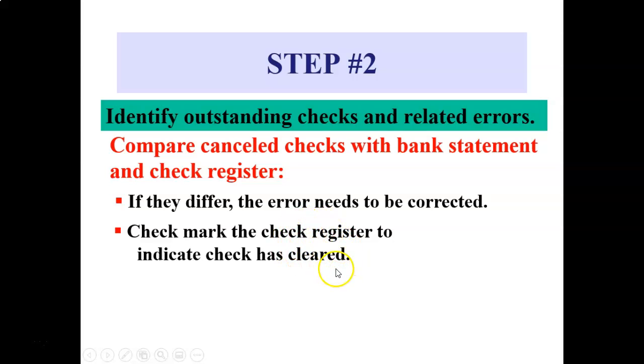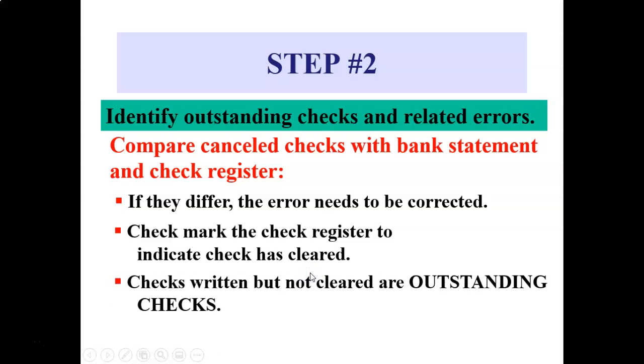This piece still has to be done. You have to go onto the software and bubble in every check that's on your check register that also has cleared the bank statement. Whatever checks are left over that didn't get checked on the check register because they didn't clear the bank, those are called outstanding checks.